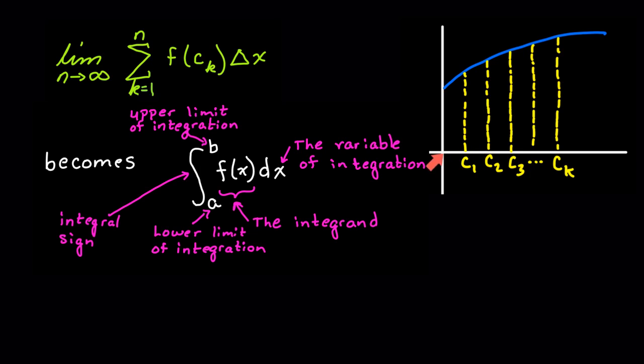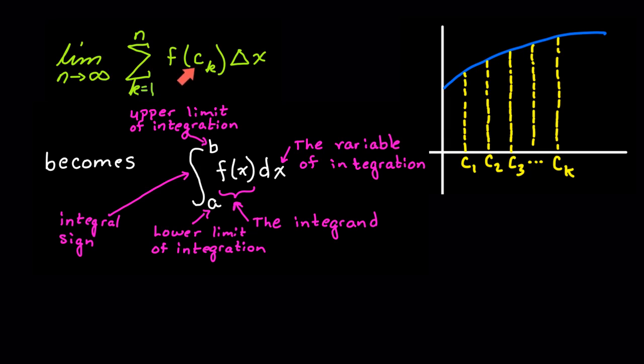And so the distance from 0 to c sub 1 would be the first delta x. From here to here would be the second delta x. And for the sake of this problem, we are keeping delta x the same distance all the way through, so the rectangles have the same base on each of the rectangles.